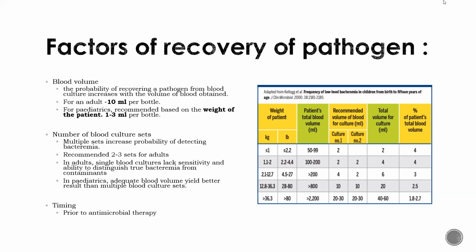The second point is that we must come back to the protocol of the unit in which you are working. If you have good knowledge, you can negotiate to change it.